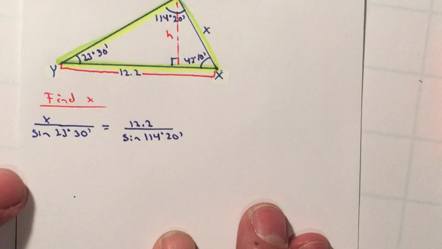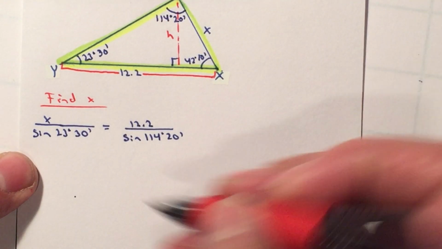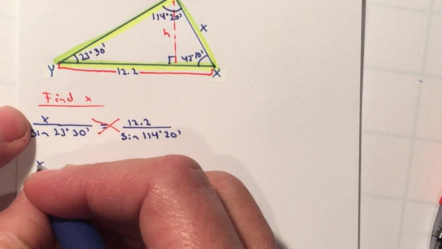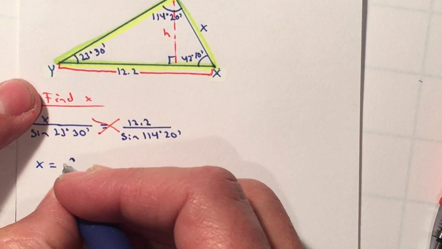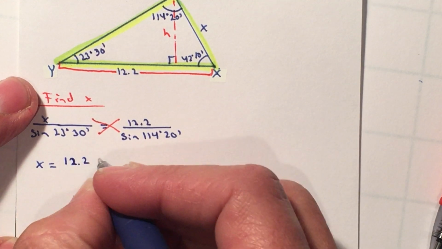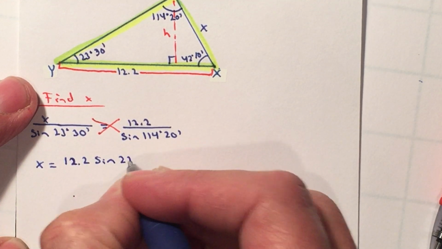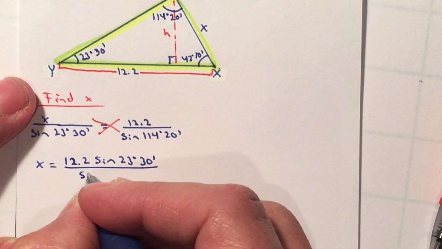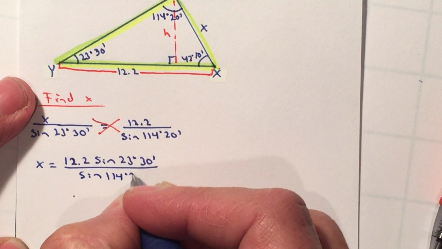Now from here, I can solve it. I'm going to cross multiply and then divide, and do everything in one step. x is equal to 12.2 times the sine of 23 degrees 30 minutes, over the sine of 114 degrees 20 minutes.